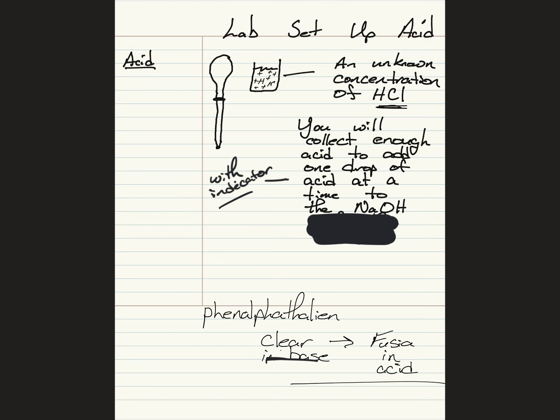That's wrong. That's so embarrassing. I swear I thought I fixed that. It's pink in a base. So it's clear in an acid, and in a base, it's fuchsia. Make sure you correct that as well.